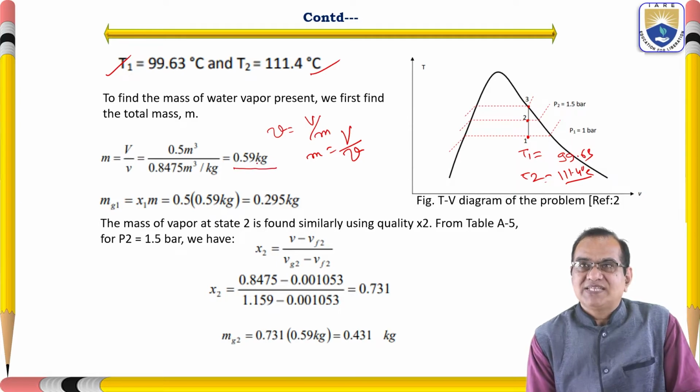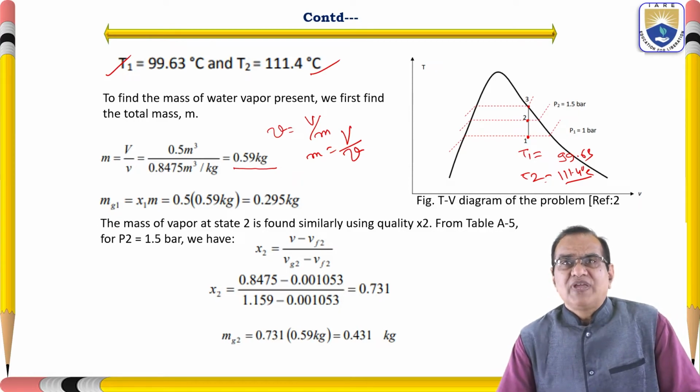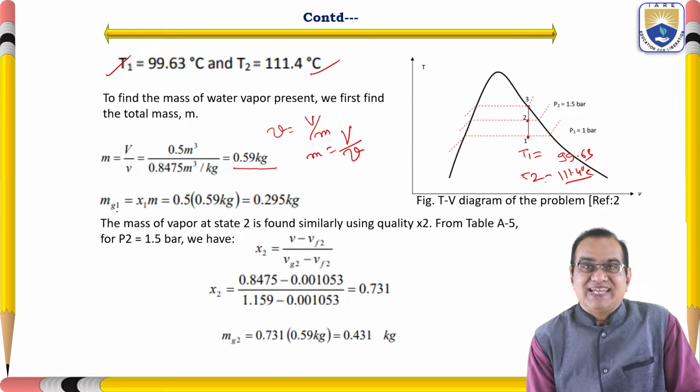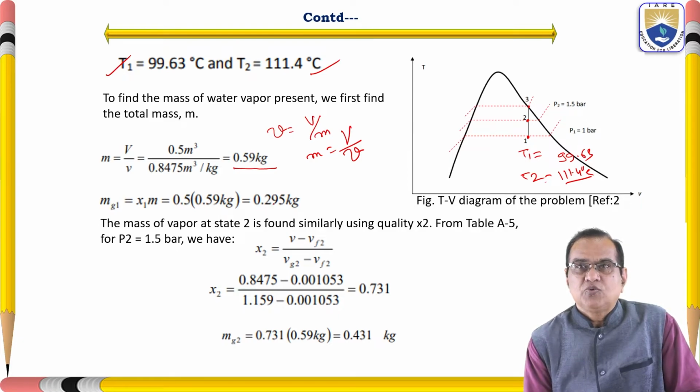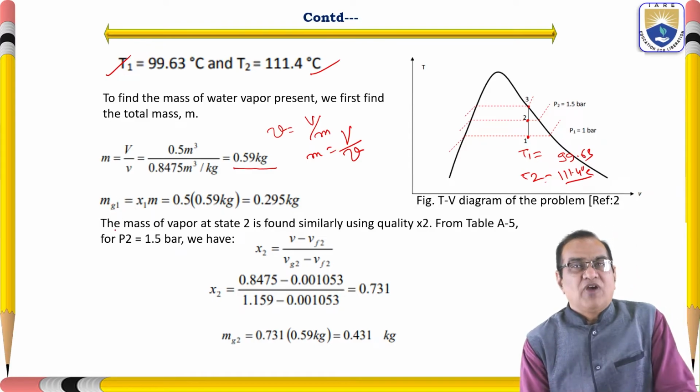So the mass is 0.59 kg in the system. Now the mass of the gas, mg1, is equal to x1 into m. x1 is given as 0.5, so 0.5 into 0.59 is 0.25295 kg. This is how much vapor is there.